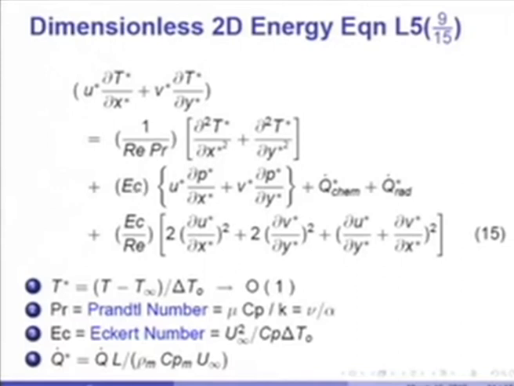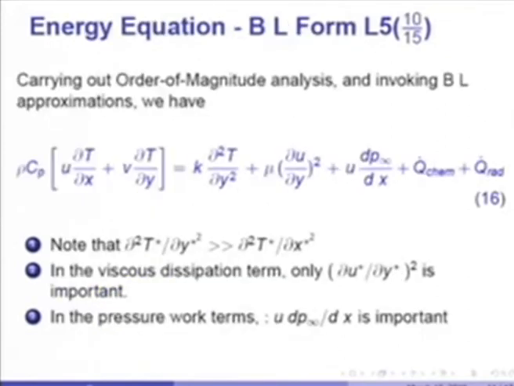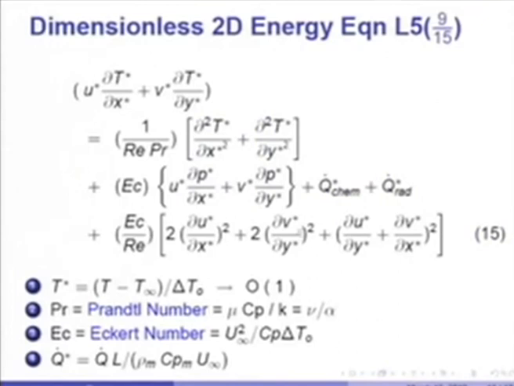We can readily see if the Eckert number were large, both these terms would be important. If the Reynolds number is high and Eckert number is small, then we can ignore these 2 terms, the pressure work term and the viscous dissipation term. So, with this equation now, I can do order of magnitude analysis, because it is now in dimensionless form. So, what is the order of magnitude analysis that I do?